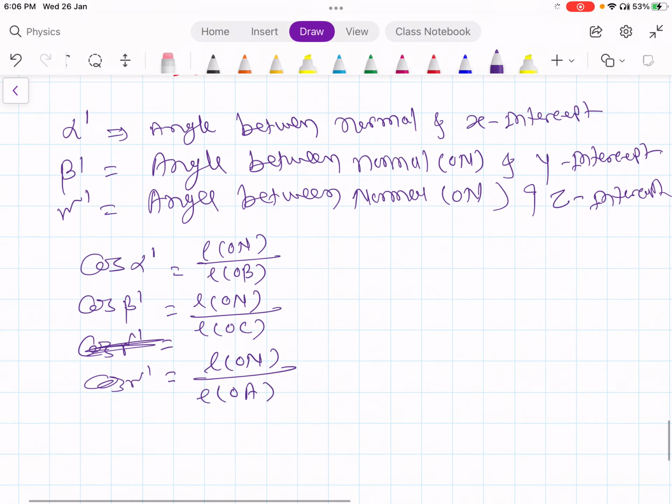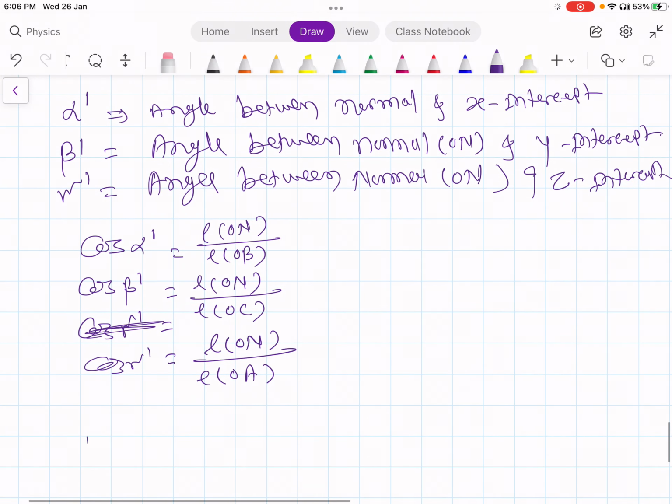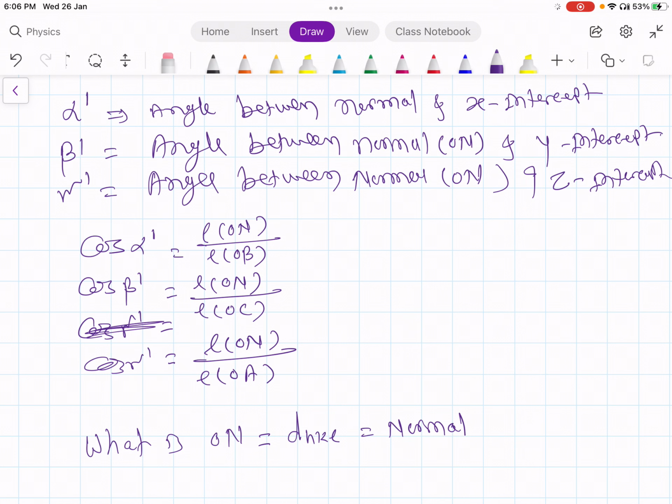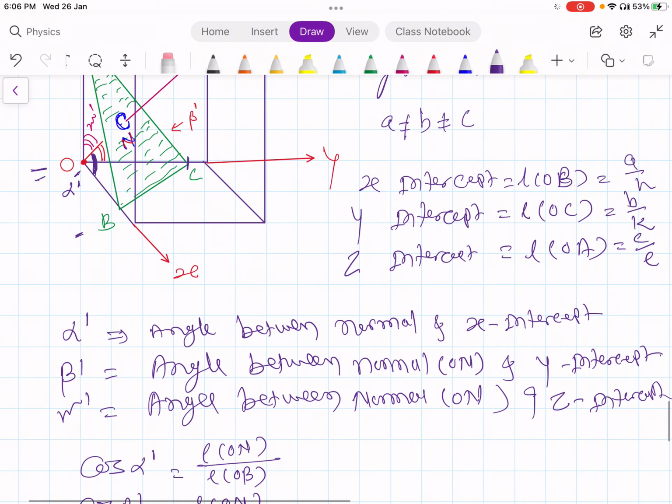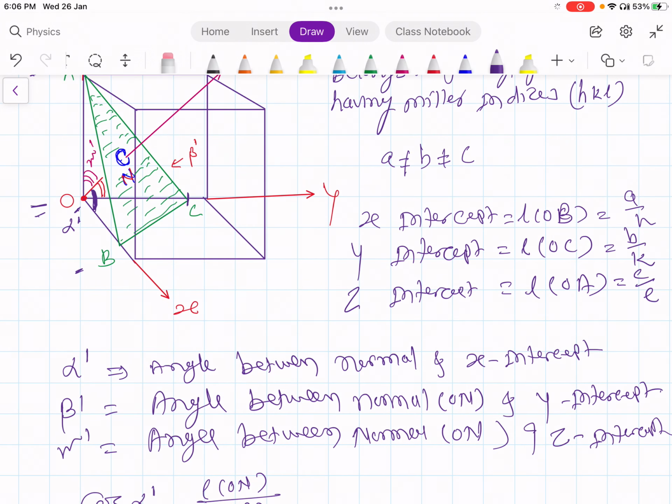Now what is this ON equal to? ON is the normal drawn from the origin to the plane, and that is equal to the interplanar spacing d suffix hkl. So ON is nothing but the normal distance between two parallel planes.